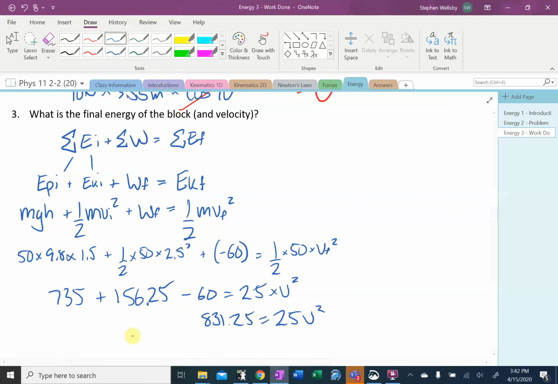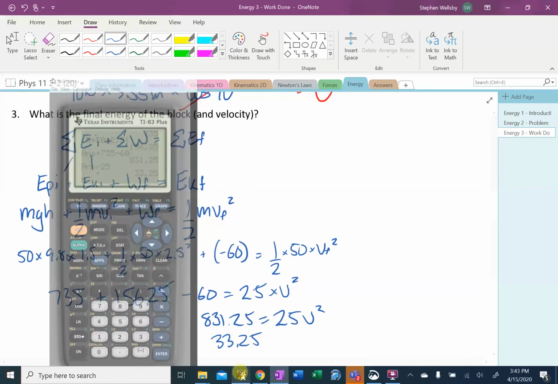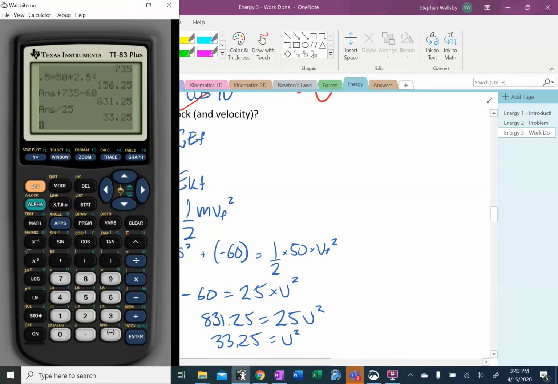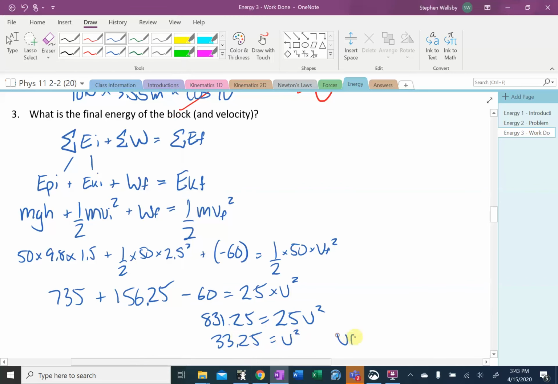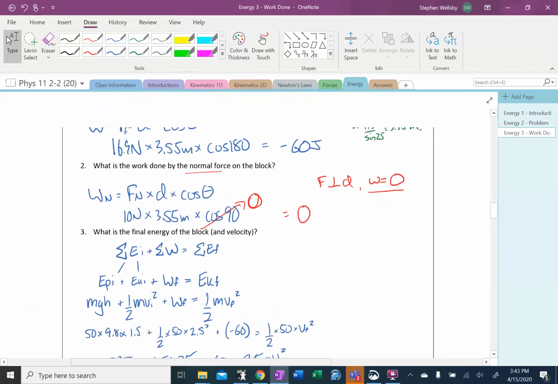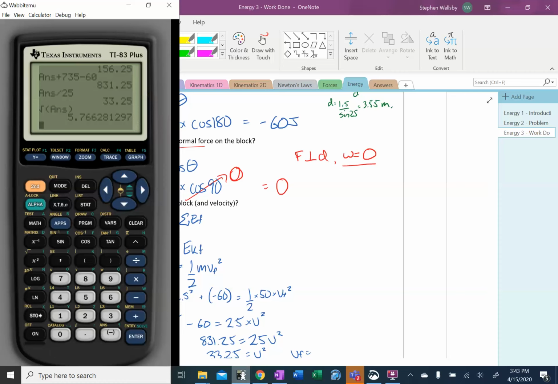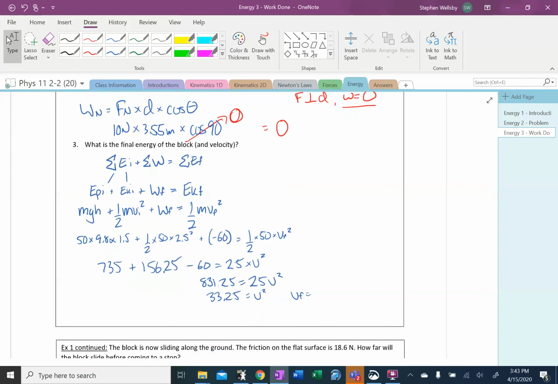And that means that I have 33.25 equals v squared. And take the square root of that. We're almost done here, folks. And that's going to give us final velocity, v final equals, how many sig figs we got here? 2 sig figs. So v final equals 5.8 meters per second. Okay.